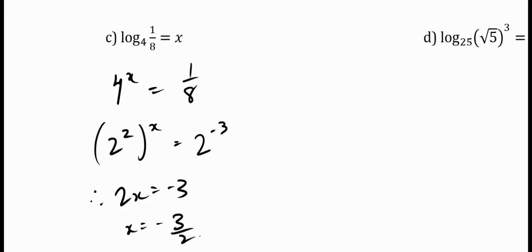This is the kind of question that if you have a fancy calculator, you would punch it in and it would give you the answer. Oh, it's -1.5, and you'd write it down, but you'd get like 1 out of 3 marks for getting the answer because there were properties that you're supposed to be using and showing to get to the answer. Okay.